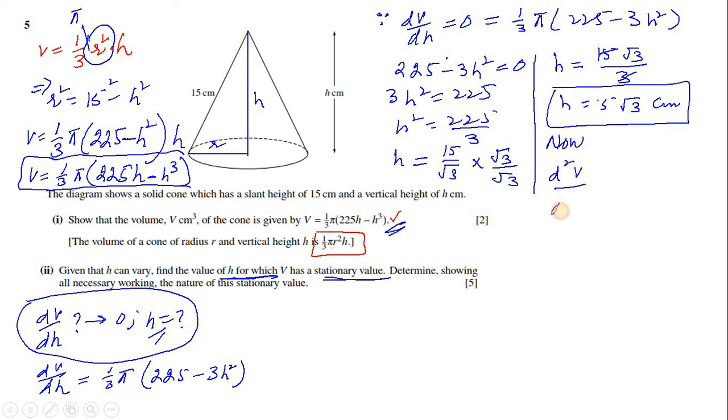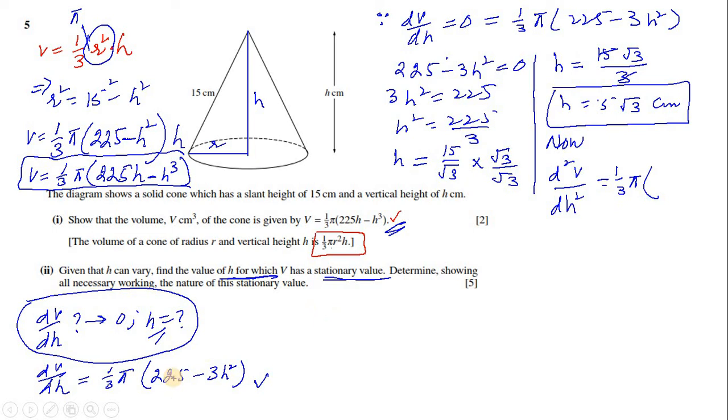d2V by dh squared. So you differentiate again your first derivative, and your first derivative was 1/3 of pi, 225 minus 3h squared. So if you differentiate this equation again, 1/3 of pi stays the same.